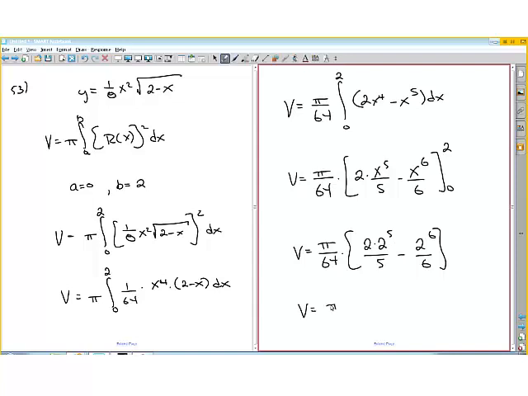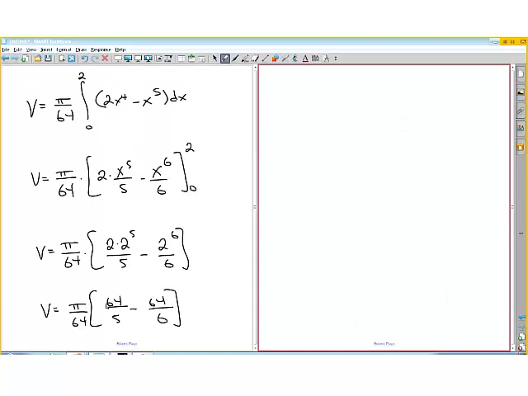So we'll get pi over 64 times 64 fifths minus 64 sixths. You can see we just cancel the 64 out because we've got the 64 in both numerators. So we get V is equal to pi times 1/5 minus 1/6. And a quick way of doing this is you cross multiply.